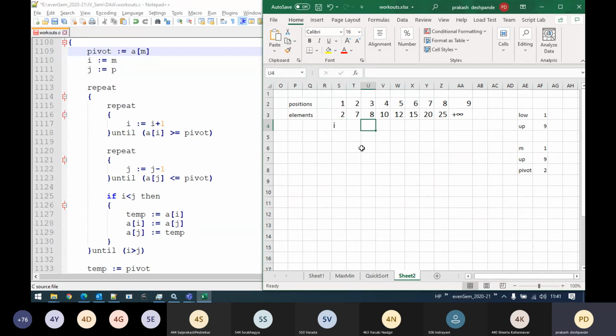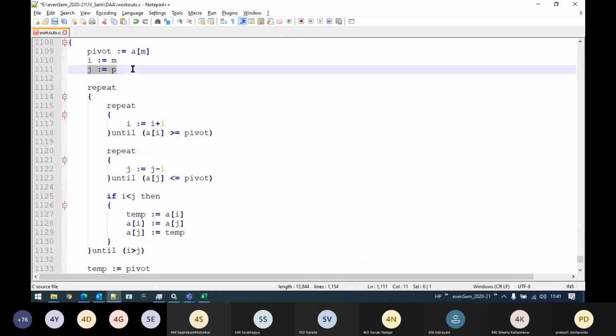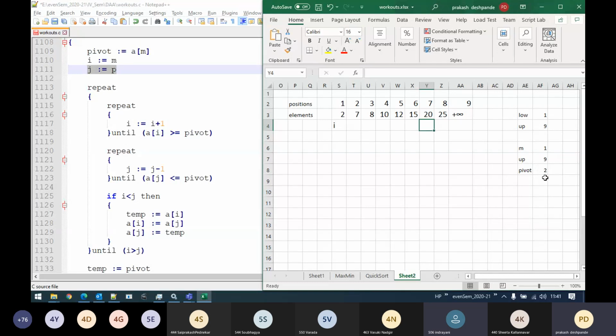Then what about J? J is equal to P. Let me write it, this is P. This is 9 here.